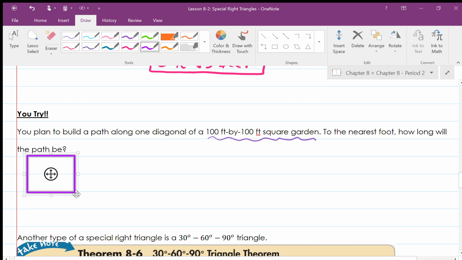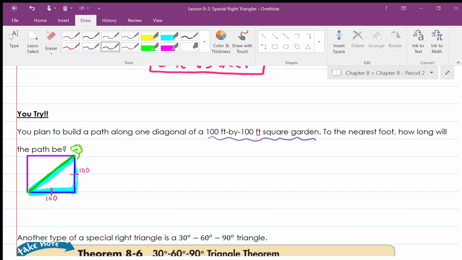So you have a square garden, right? Some little flowers everywhere. It's saying you're building a diagonal path through this garden. It also tells you that this garden is 100 by 100 foot, making the triangle an isosceles triangle, or a 45, 45, 90 triangle.